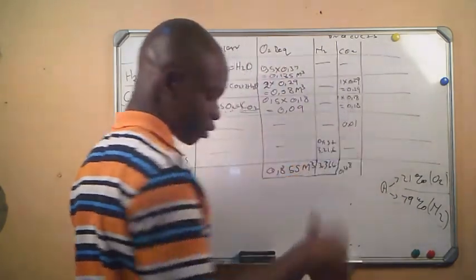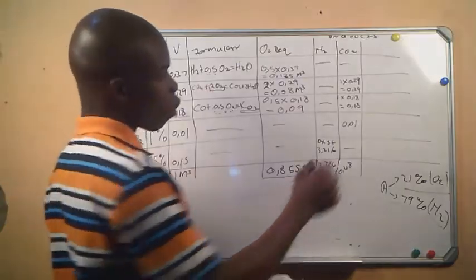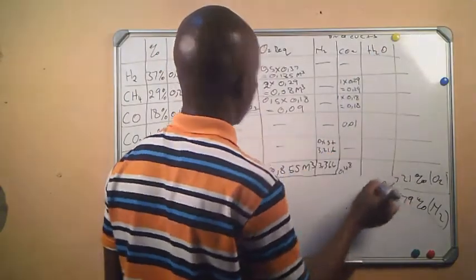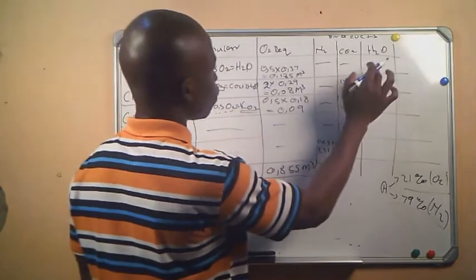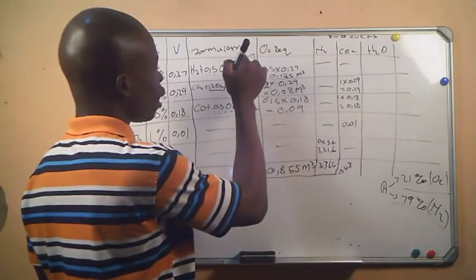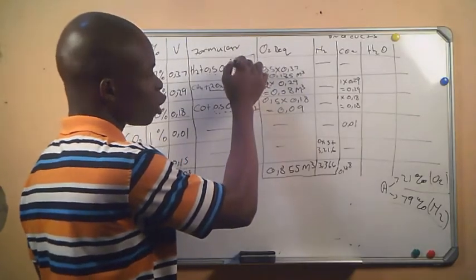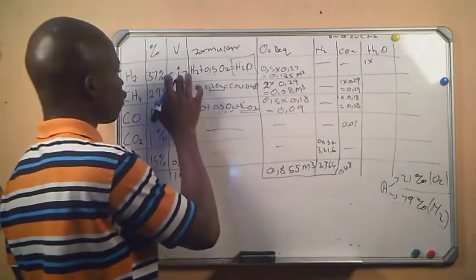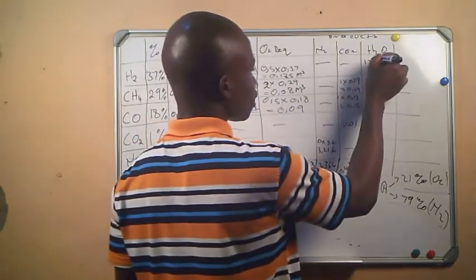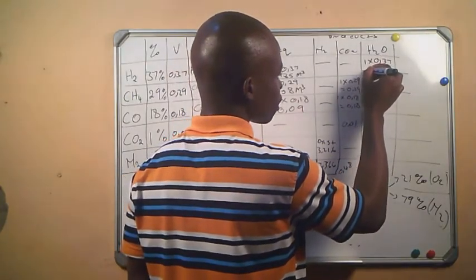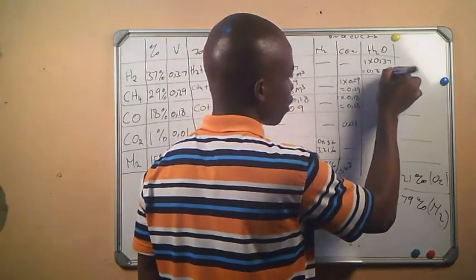And then we come to water, H2O. From this we know that there will be H2O as a product, and the number of molecules of H2O here is 1 times the amount of hydrogen in the system, which is 0.37, and this will give us 0.37 cubic meters.